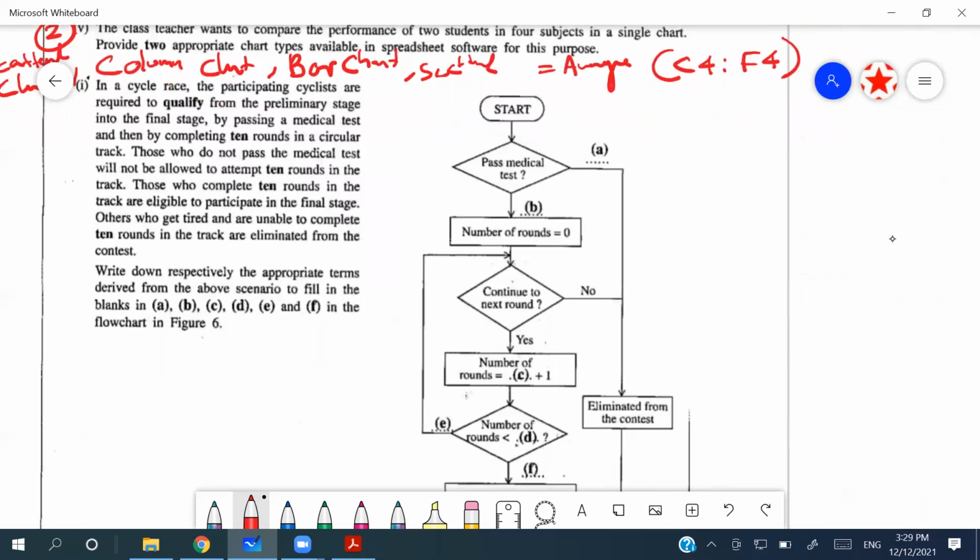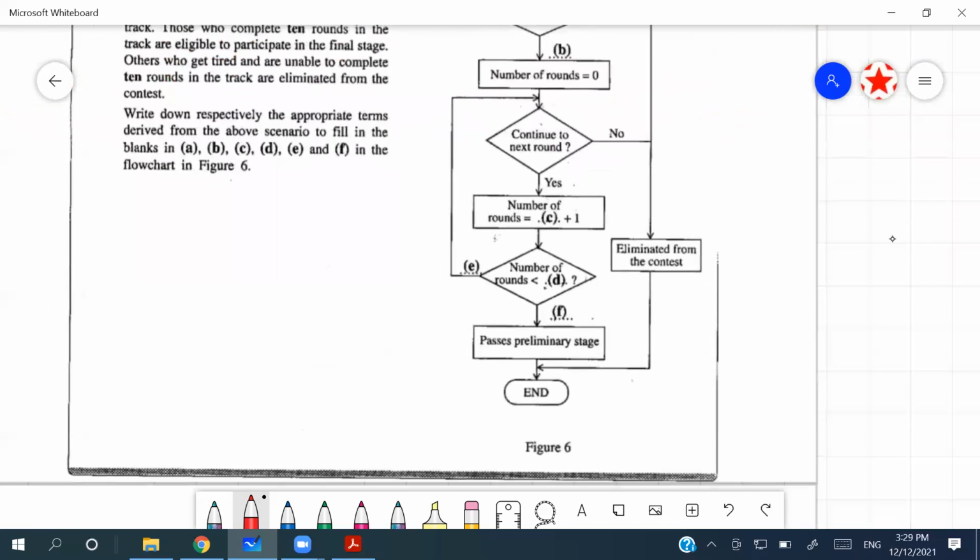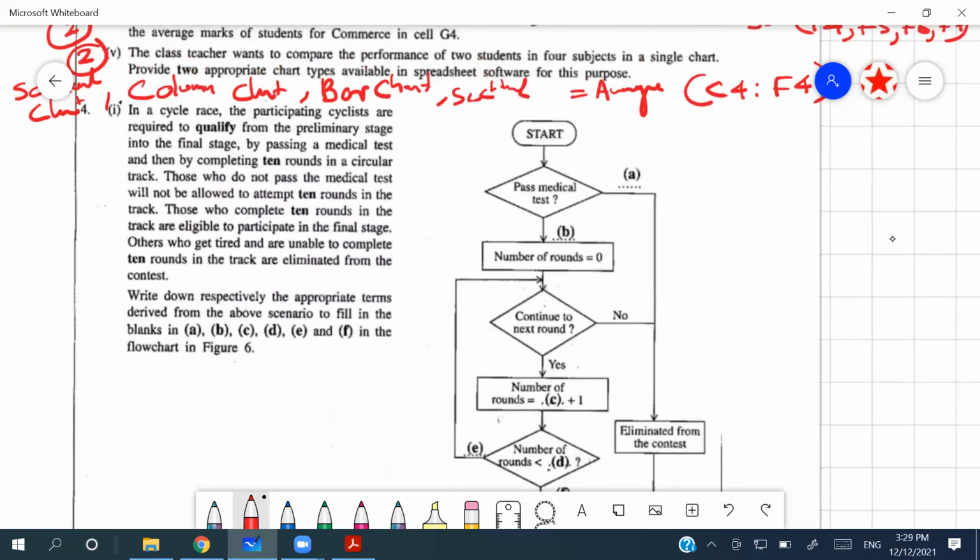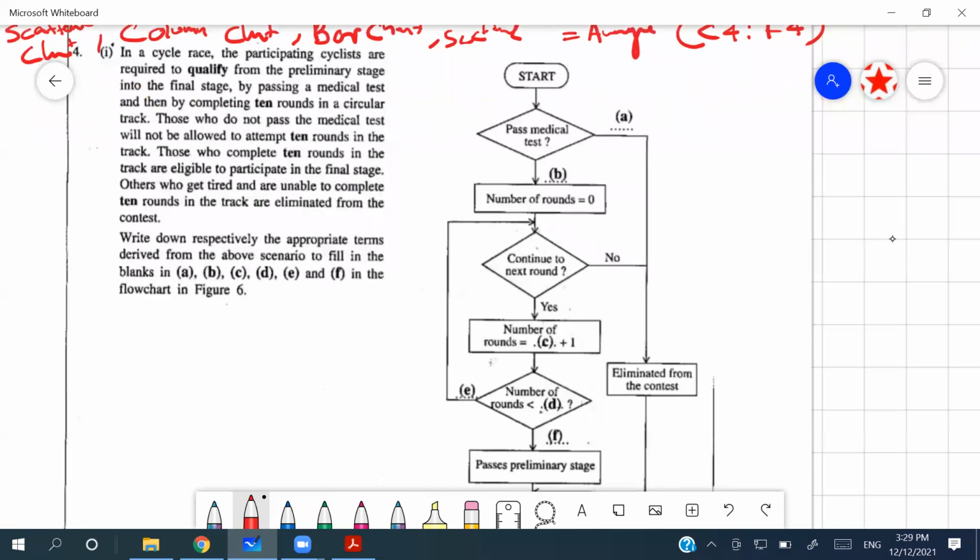So it's very easy stuff, right? So you start and you have to take the things from the scenario. You start, pass medical test. So it has two paths.